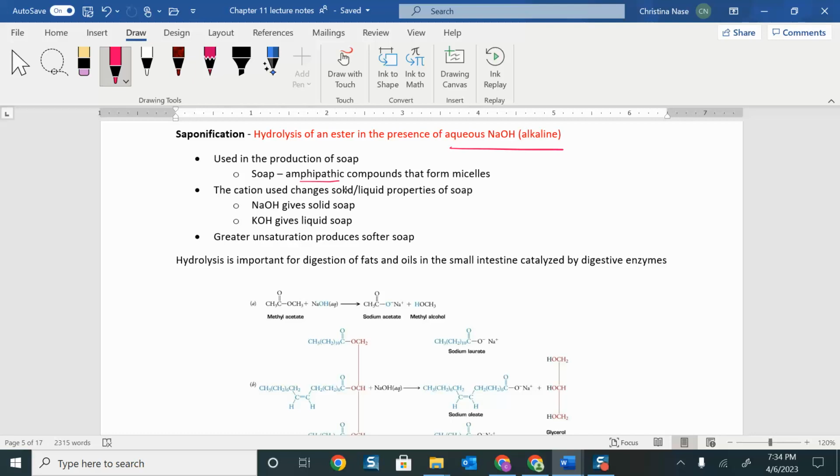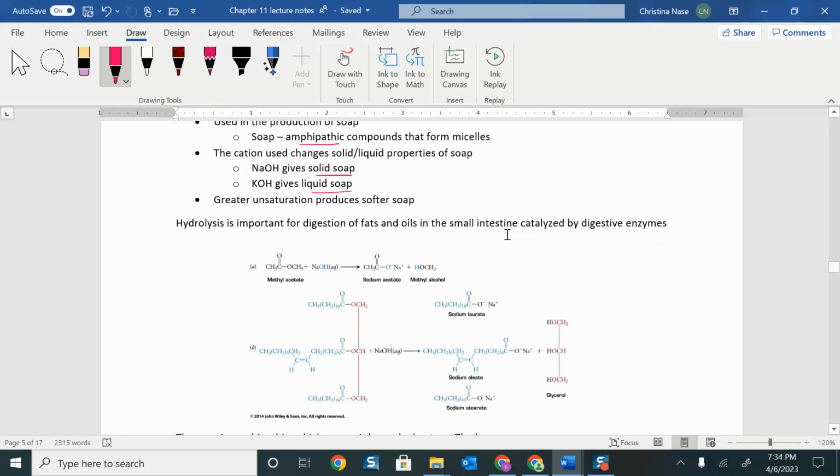You can change the properties of the soap by adding sodium hydroxide or potassium hydroxide. Sodium hydroxide is going to give you a solid soap. Potassium hydroxide will give you more of a liquid soap. And so that's just how they make soap. The greater unsaturation also produces a softer soap. So you can change the fatty acids and you can change the base that you're using in order to manipulate the properties of the soap that you're trying to get.